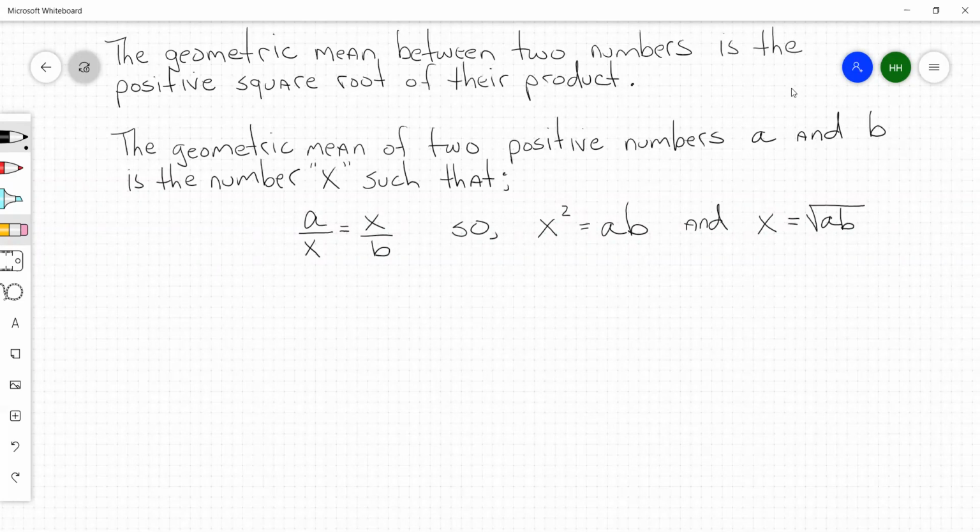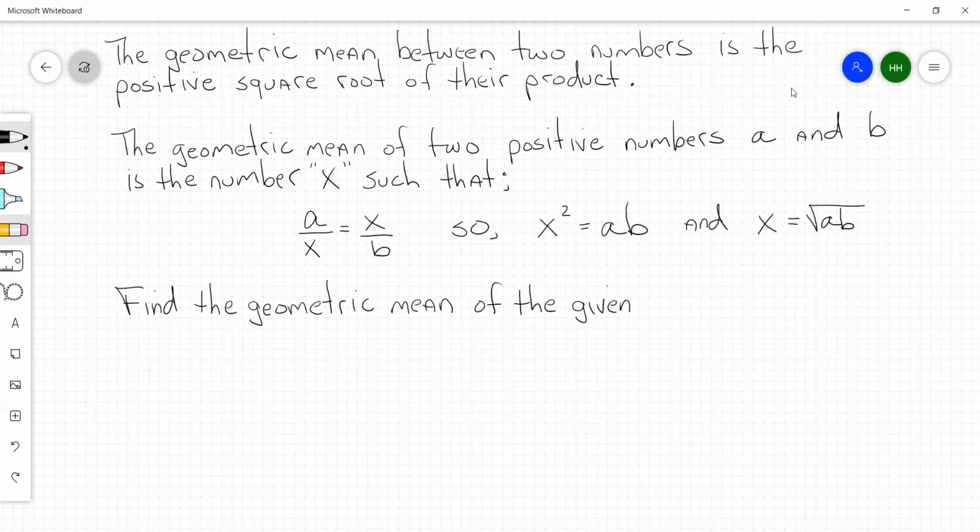All right, so if you're asked to find the geometric mean of the given numbers, let's say that you're given 8 and 10.